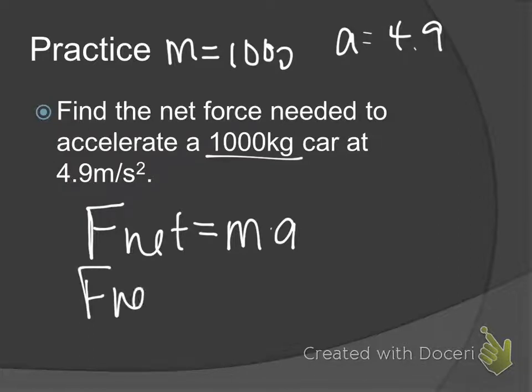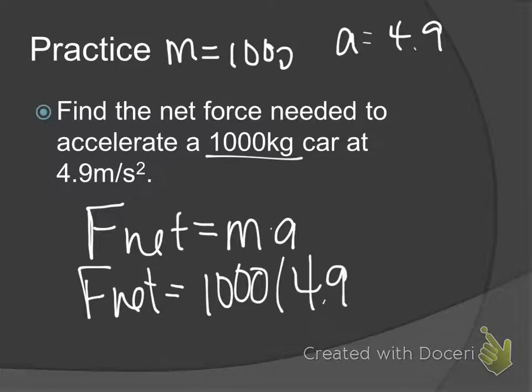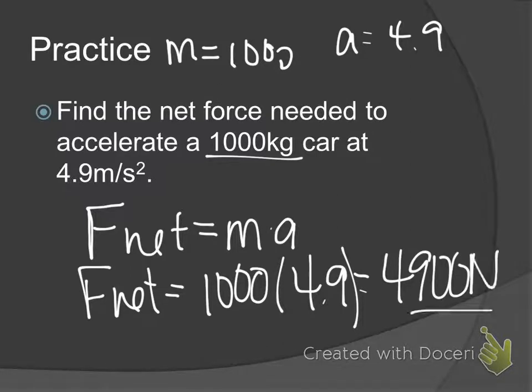So we're going to take F net is equal to 1,000 times 4.9, and we get 4,900 newtons. So it requires a force of 4,900 newtons in order to get our car to accelerate at that rate, not that speed. That seems easy enough, right?